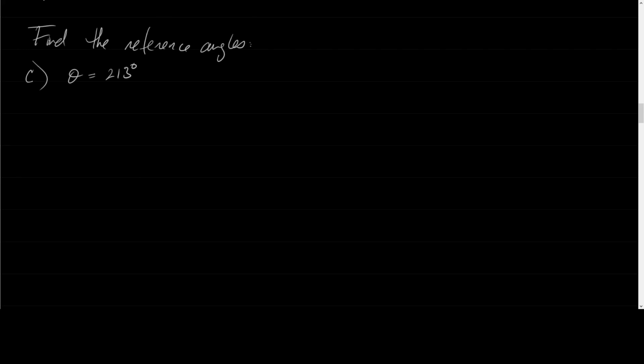If we put this on the coordinate axes, we know that this is 0, this is 90 degrees, this is 180 degrees, this is 270 degrees, and this is 360 degrees. So 213 degrees would be between 180 and 270, somewhere around here. If this is the angle theta that I'm working with, what I'm asking is, what is this reference angle theta prime?